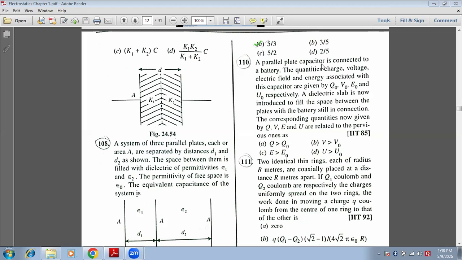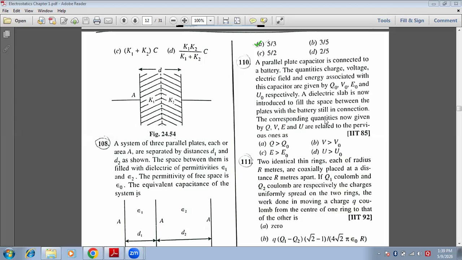A parallel plate capacitor is connected to a battery. The quantities charge, voltage, electric field and energy associated with this capacitor are given by Q0, V0, E0 and U0 respectively. A dielectric slab is now introduced to fill the space between the plates with the battery still in connection.